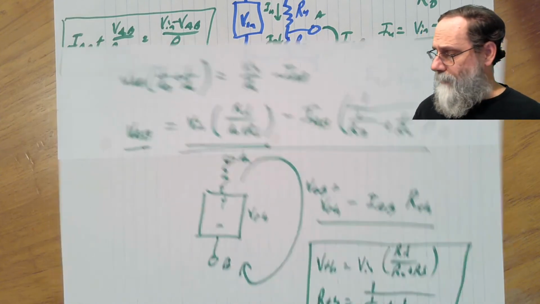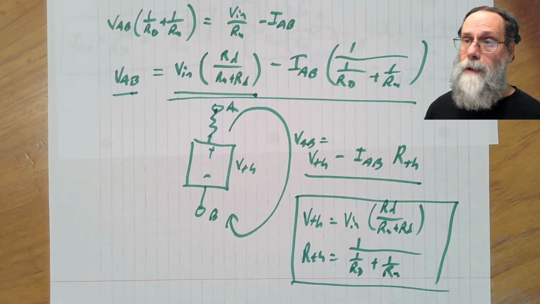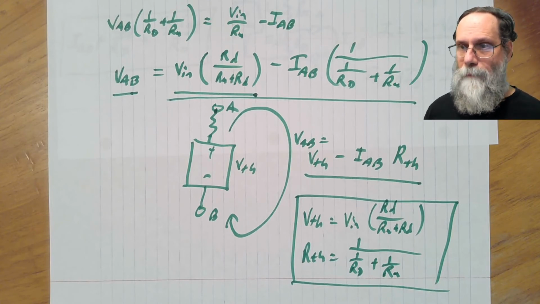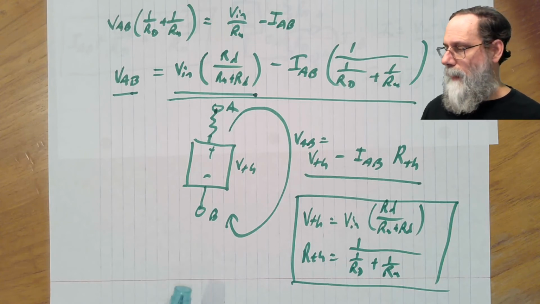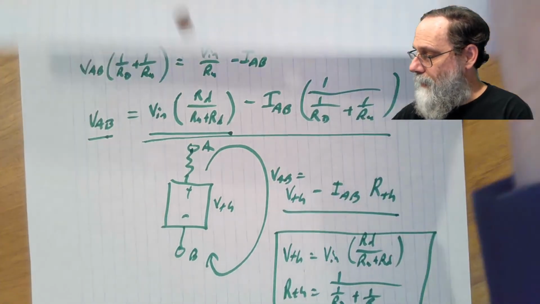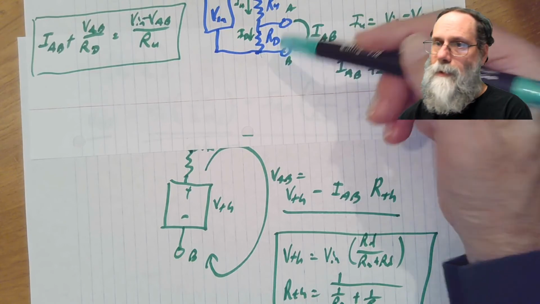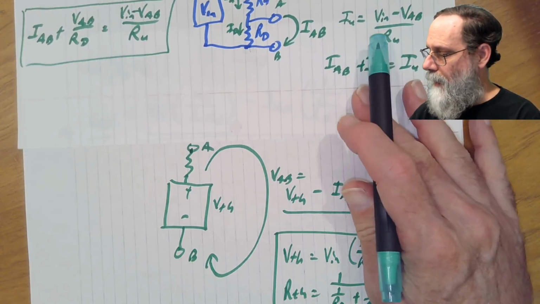Okay, what does that mean? That means that we can think of the voltage divider, if we're looking at just the output of the voltage divider, and going back to the original circuit, the output of the voltage divider is across this lower resistor here.